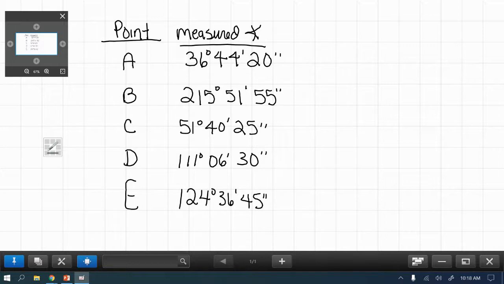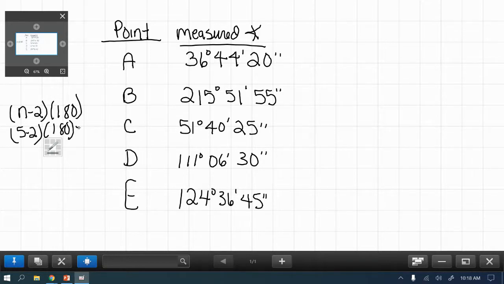So step 1 is going to be, we're going to need to add it up, add all the angles up. If it's a 5-sided traverse, what should our angles be? Remember, number of sides minus 2 times 180. So 5 minus 2.